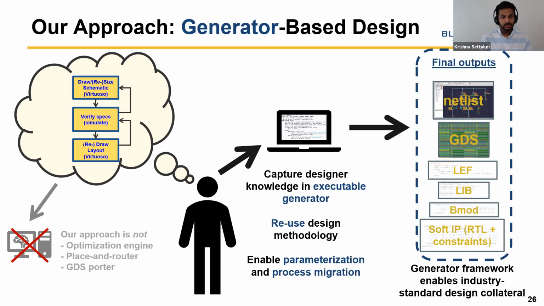And it's worth noting that the generator framework itself enables industry standard design collateral. So I'll show you examples of where exactly this was used in subsequent slides. But the fact is the material that you see as the final outputs is integratable. So it can be put into the SoC level or the systems level and pushed through the synthesis and place and route flow there, and verification flow as well. Next slide.